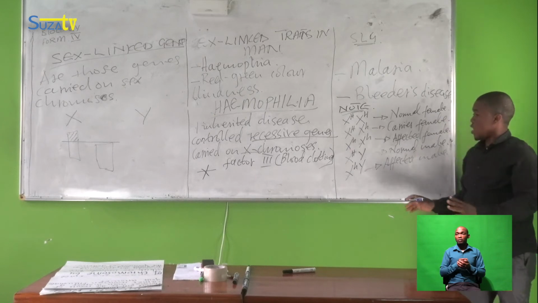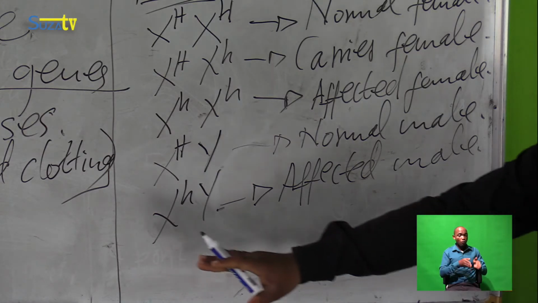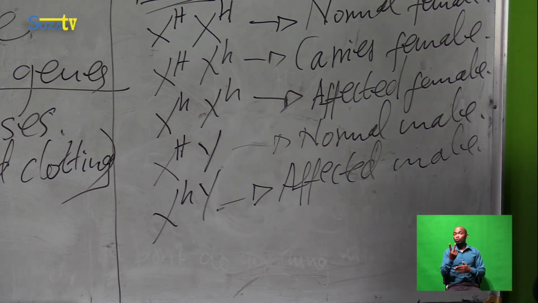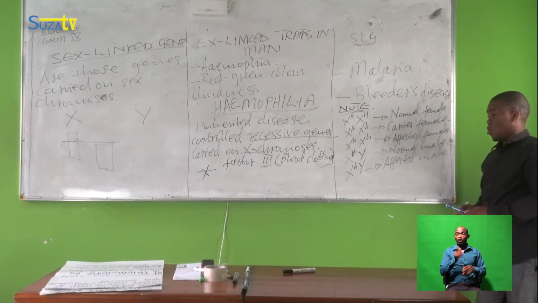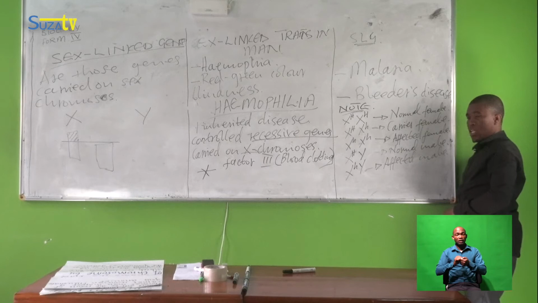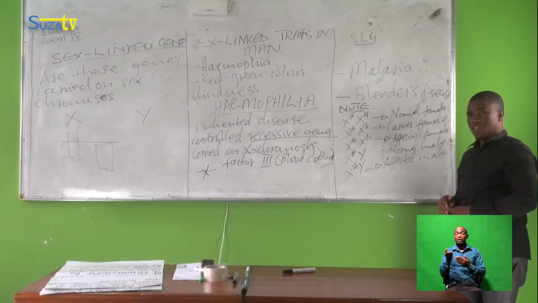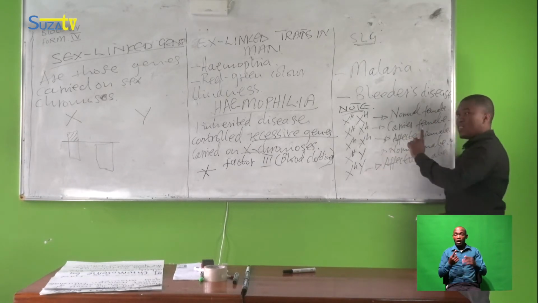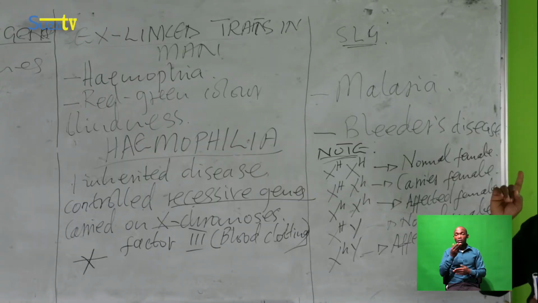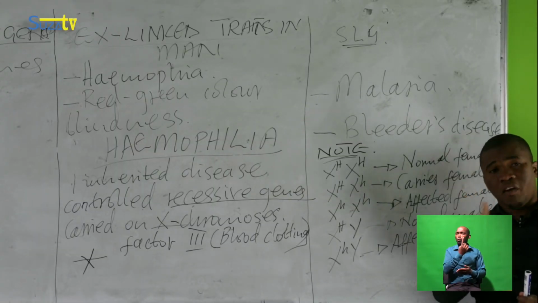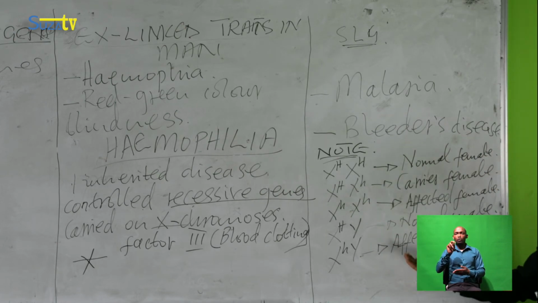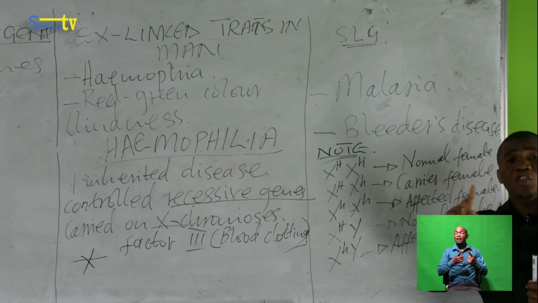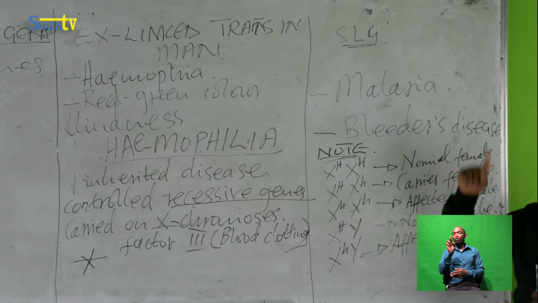There is no other alternative for a male. A male can only appear in two states: in the normal state or in the affected state. That's why these diseases mostly appear in males rather than in females, because only one X chromosome is enough for a male to suffer from such a problem, while in a female all X chromosomes must carry the recessive gene.